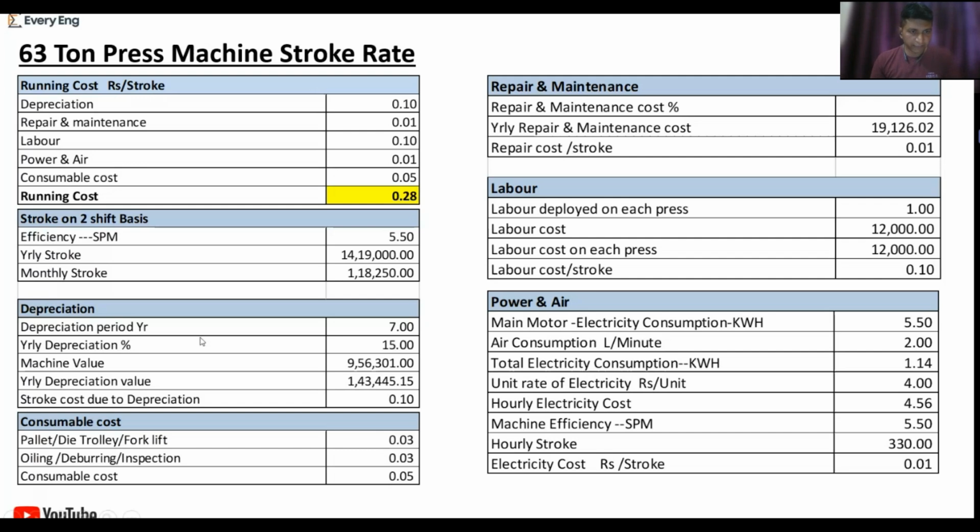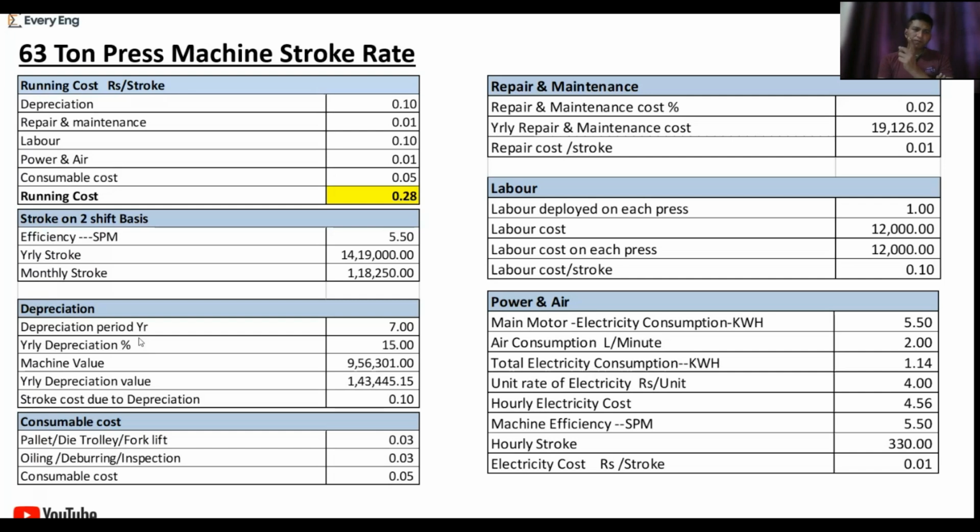This is the column of depreciation. The first point is the period of depreciation. We are considering 7 years. Sometimes we consider 5 years, sometimes 15 years. So what is the standard formula for the life? Yes, we can also say the life of our machine.